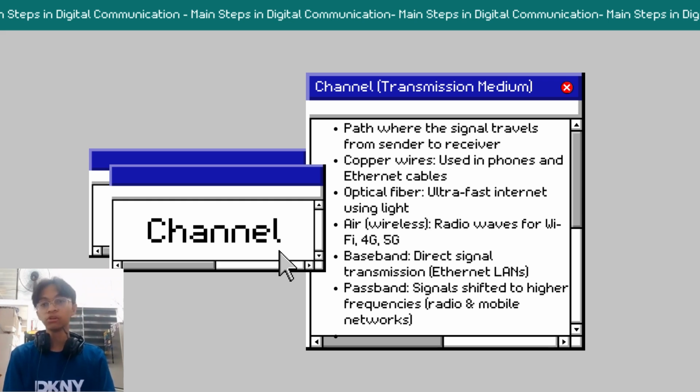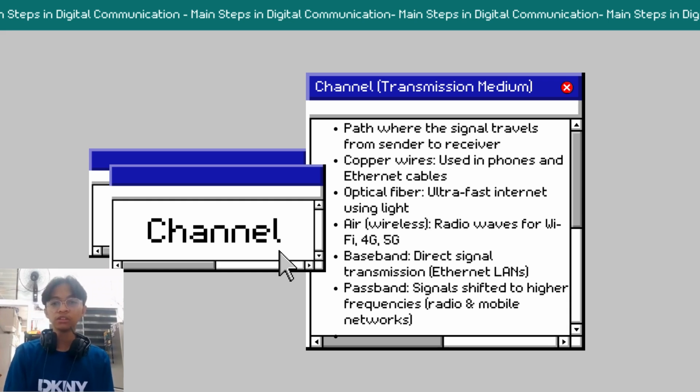Or air, which we call wireless, like radio waves for Wi-Fi, 4G, and 5G data. Channels can also be classified as baseband or passband. Baseband is sending signals directly, like Ethernet LAN cables. Passband is shifting signals to higher frequencies, like in radio and mobile networks. Each channel has its own strengths, weaknesses, and limitations.